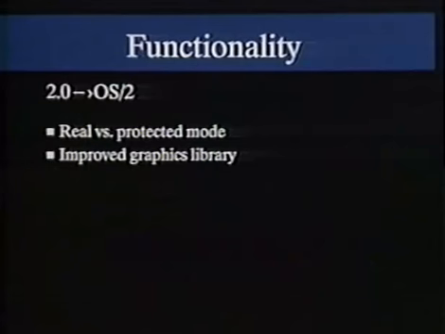These are all capabilities that are delivered by running in protected mode. There's an improved graphics library that comes with OS/2. The graphics library is called GPI, the Graphics Programming Interface, instead of GDI, the Microsoft Windows graphics library. As John Butler's talk reviewed, there's a whole bunch of new functionality provided by this new graphics library.